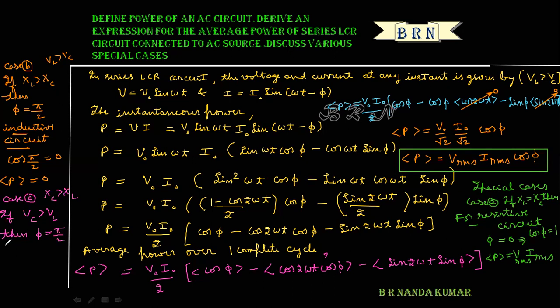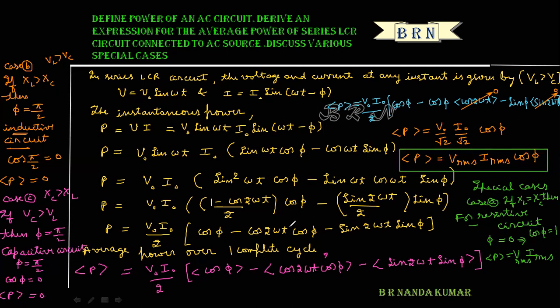So now the LCR series circuit behaves like a capacitive circuit. For a capacitive circuit, the phase difference is pi by 2. Again, the power factor is 0. Average power over one complete cycle is equal to 0, and power loss is also equal to 0.